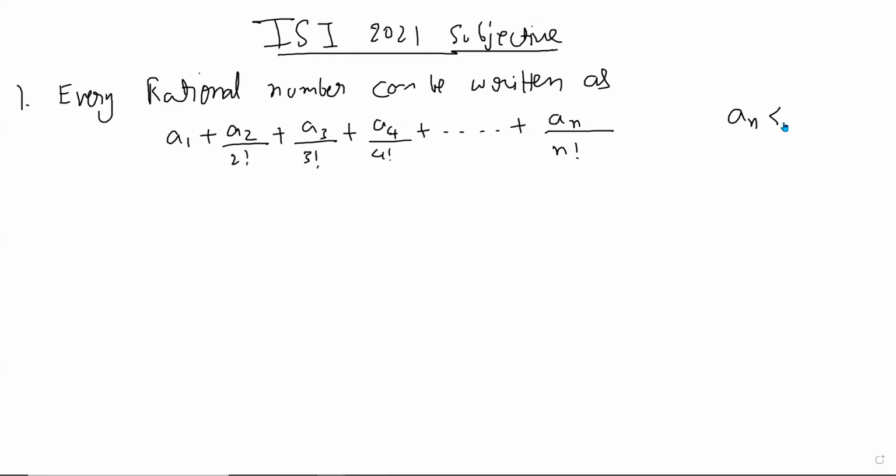So we want an to be not more than n minus 1, and it can be 0. So a finite sum, and also we want to show it is unique.